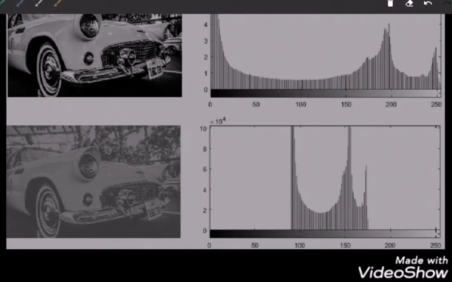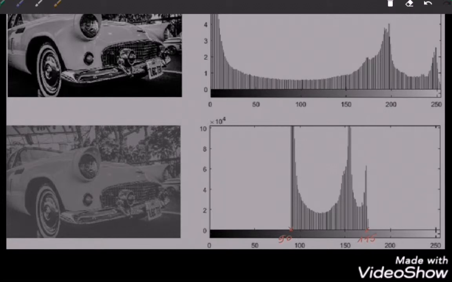For example, in this situation, the pixels are clustered almost between the value of 90 and 175.